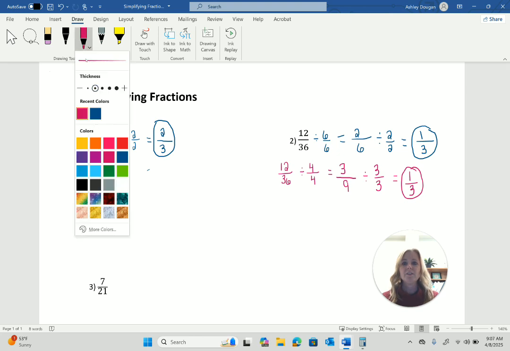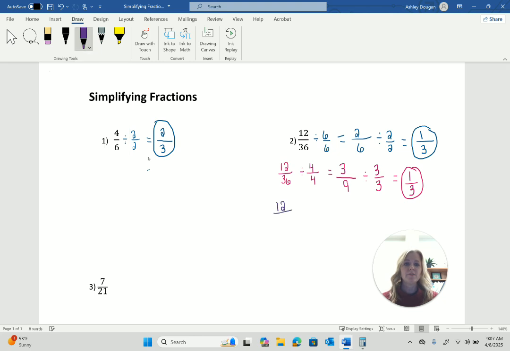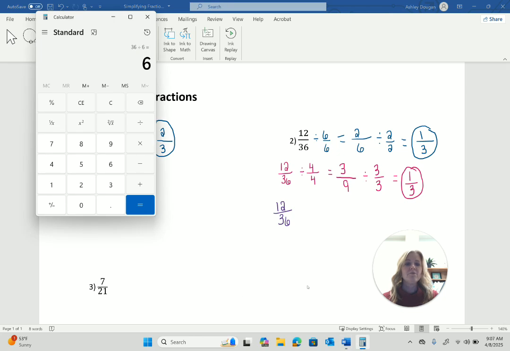Now, there is a larger number that will reduce this in one step. So let's look at that. We can reduce this fraction by 12. 12 divided by 12 is 1. Right, and then 36 divided by 12 is 3.